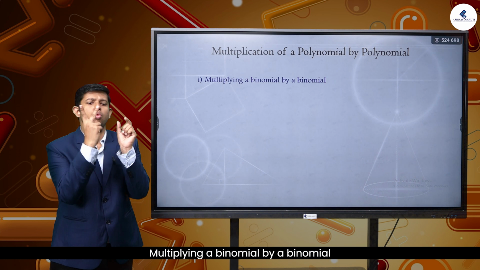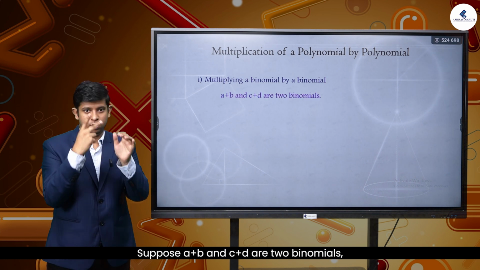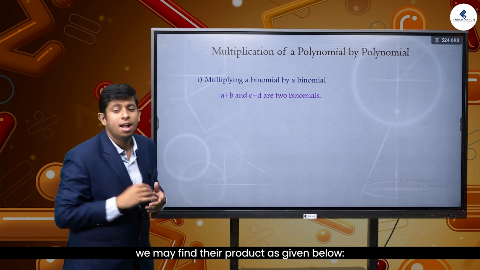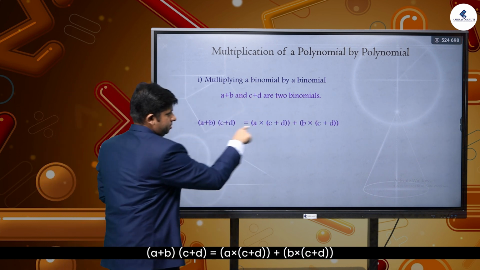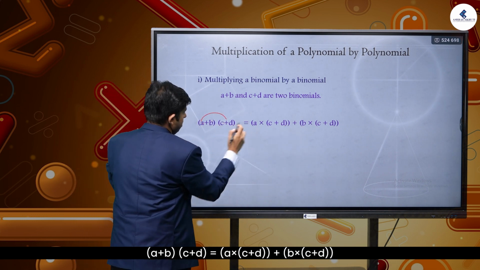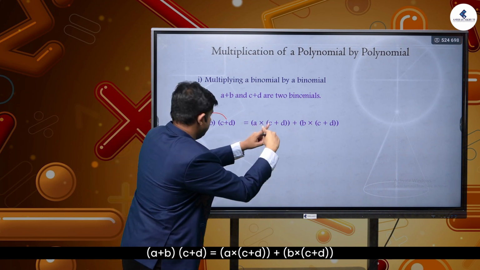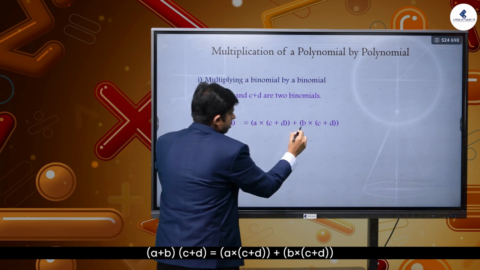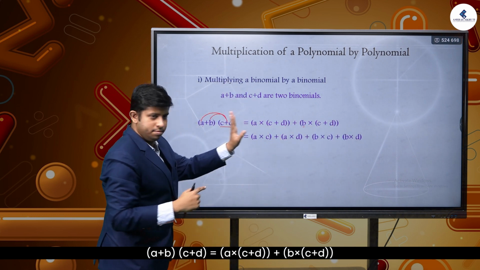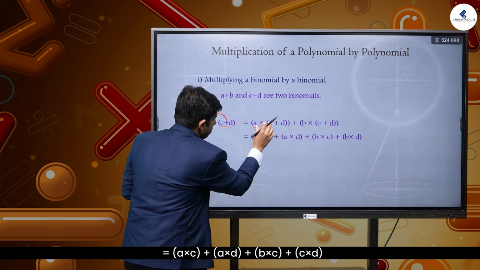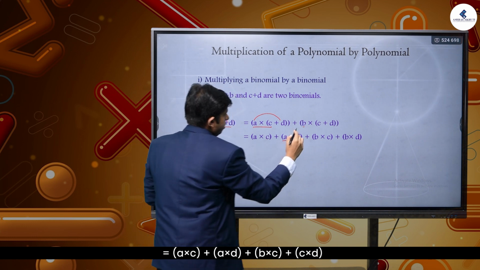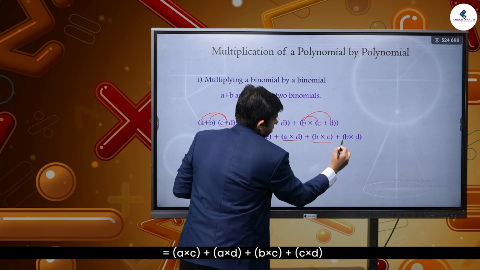Multiplying a binomial by a binomial. Suppose a plus b and c plus d are two binomials. We may find their product as given below. (a plus b) into (c plus d) is equal to a into (c plus d) plus b into (c plus d), which is equal to a into c plus a into d plus b into c plus b into d.